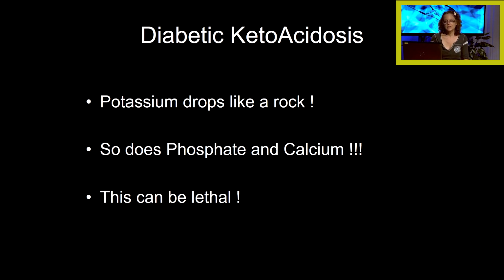If this isn't fully understandable, this is why we gave the example of the fish tank, because this is what's actually happening in the body. If we take someone who has diabetic ketoacidosis, they've had lots and lots of free water loss, and now we're replacing that, what we can end up with are actual potassium, phosphate, and calcium levels in the blood dropping.